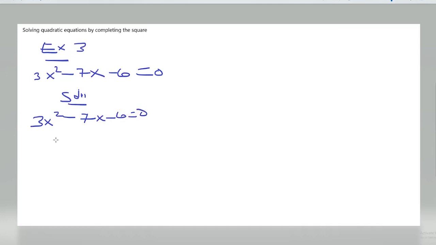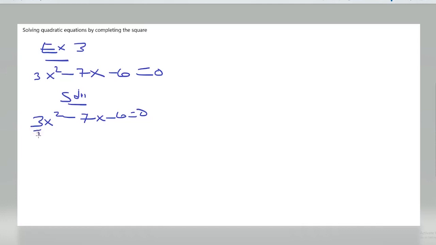The first thing you have to do is divide by 3 throughout, because we don't need any number as the coefficient of x squared. It should be 1, but here it is 3.